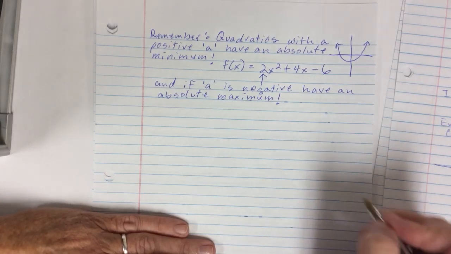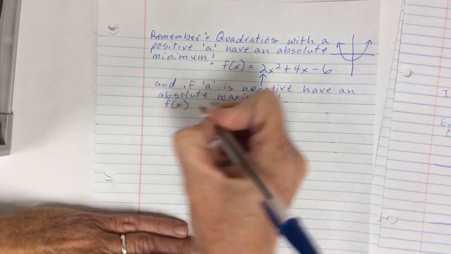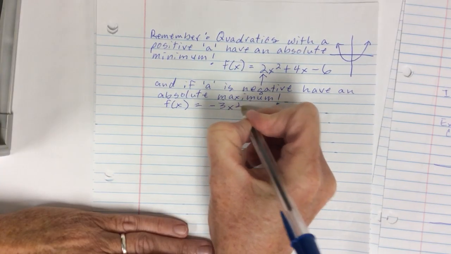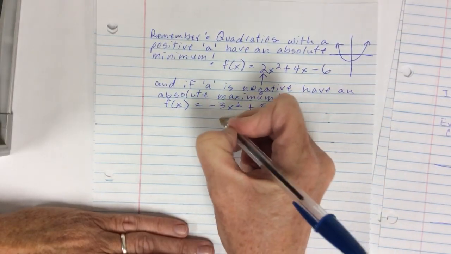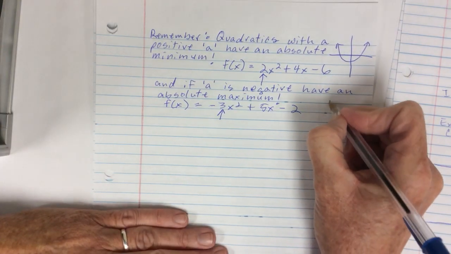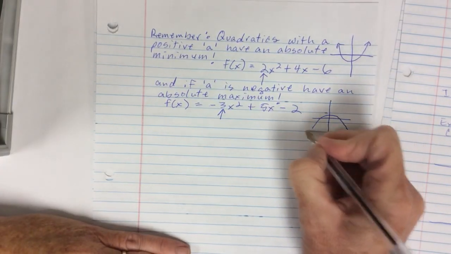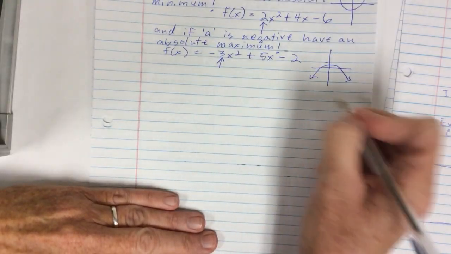Okay? So here's an example. F of x equals negative 3x squared plus 5x minus 2. There's your a right there. And we know it will open down.